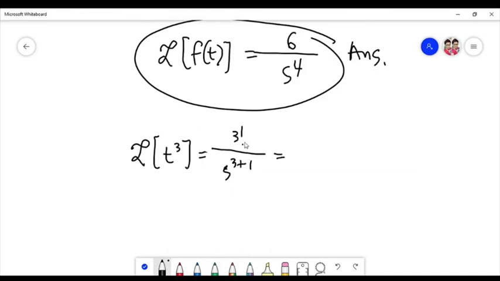So 3 factorial is 3 times 2 times 1, which is 6, over s to the power of 4.